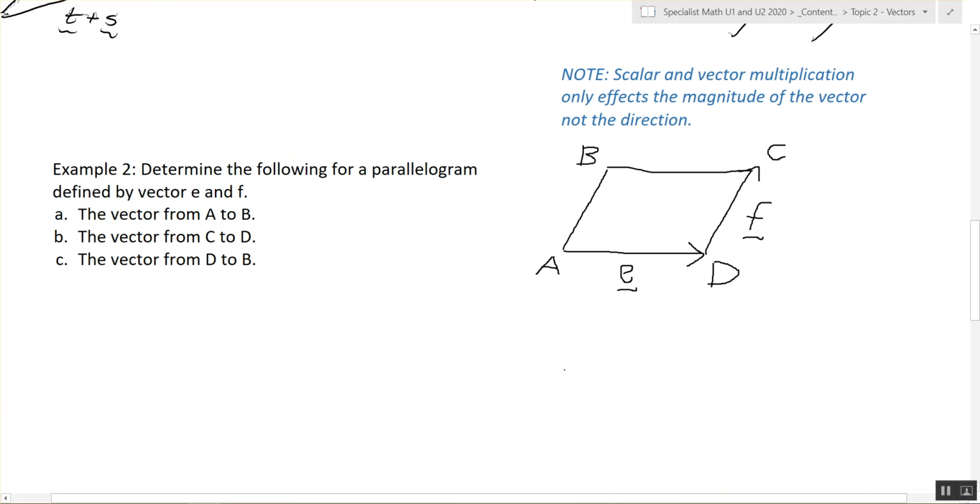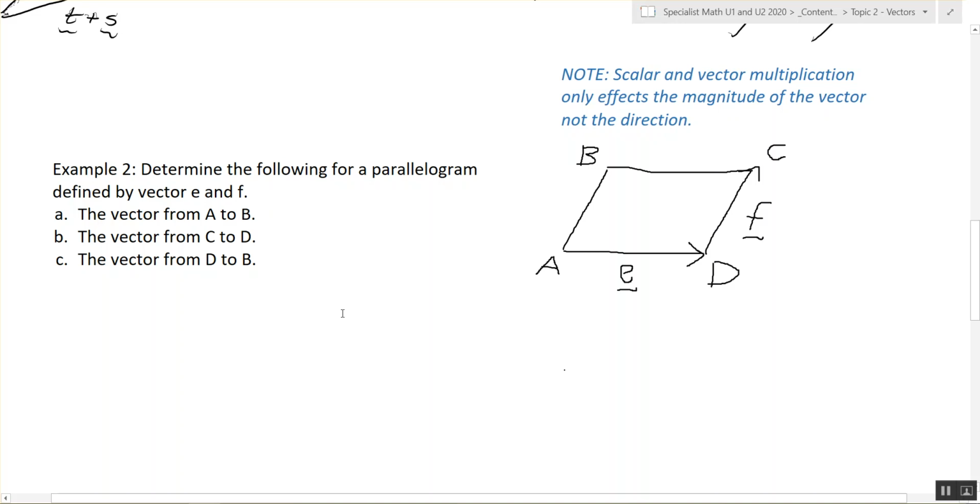Determine the following for our parallelogram. So we've got a vector E going to the right, and we've got a vector F going up and to the right a little bit. So it wants us to determine the following. Yeah, so it wants us to find the vector from A to B. So do you remember how to write that with capital letters?